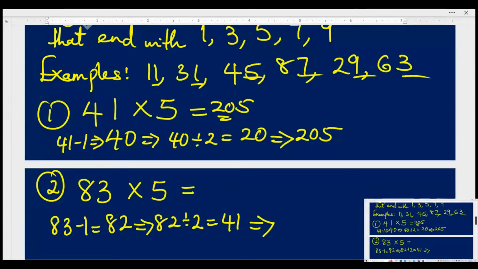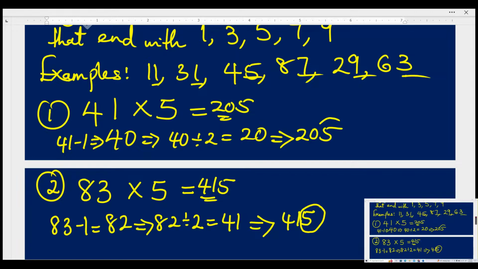Then write 5 beside 41. That is 415. Okay, so what we are only writing beside the final answer is 5. So when you get your answer, just write 5 beside it, and that gives you the final answer. So 83 times 5 is 415.